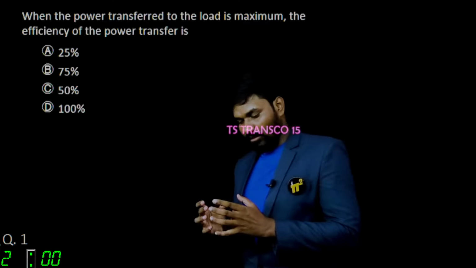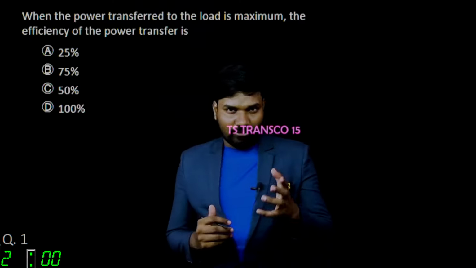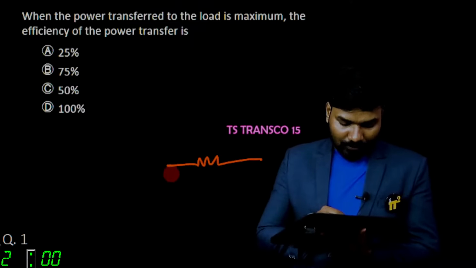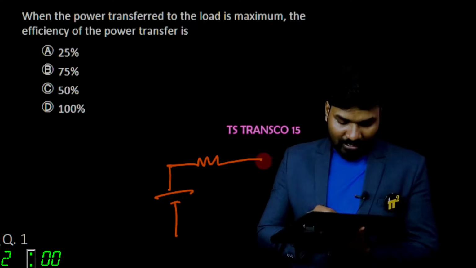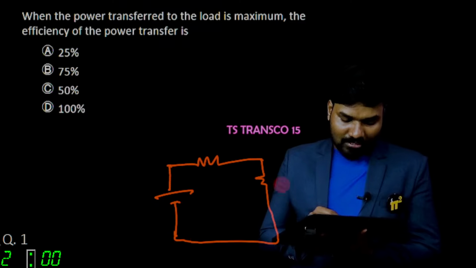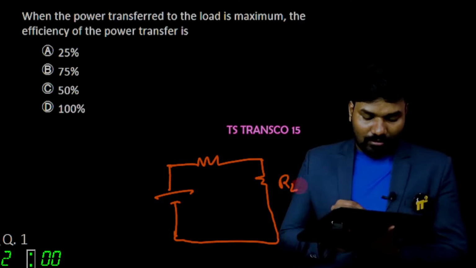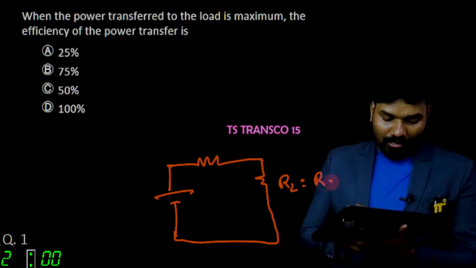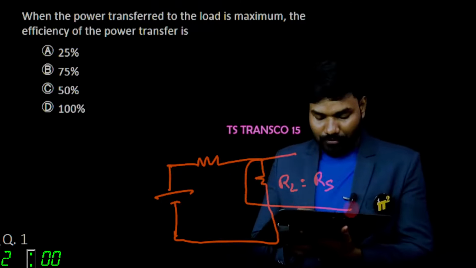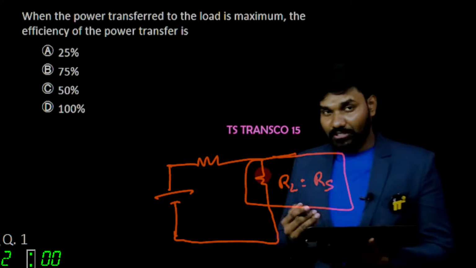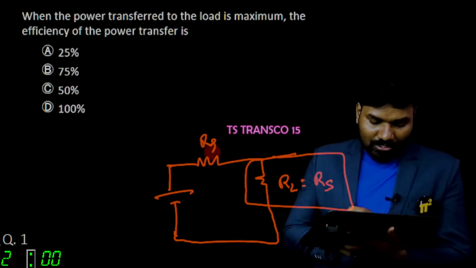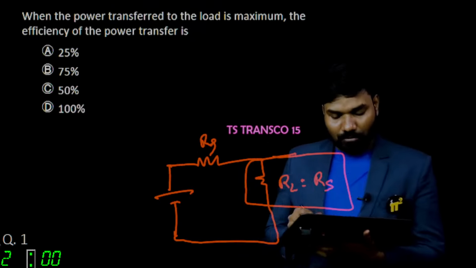We know for a DC circuit, if the source has some resistance and we have some resistance in the load, if the load resistance RL is equal to RS, then we'll have maximum power transfer to this load. This is true when load is changing. If you can make that load resistance equal to the source resistance, then power transfer to this load will be maximum.